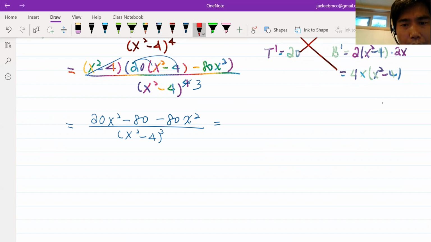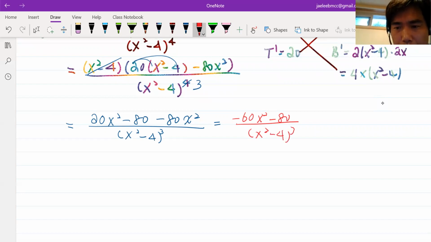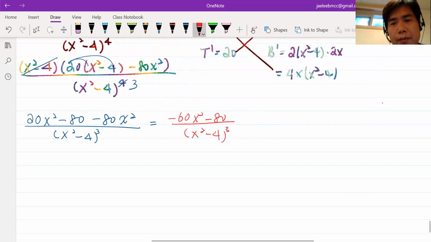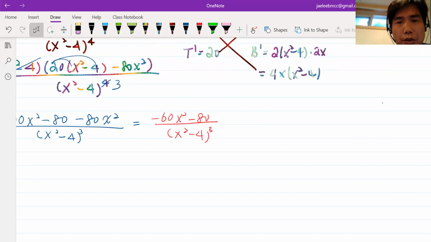So simplify, then this becomes negative 60x squared minus 80 over (x squared minus 4) to the cubic. Okay, so far now we can make the numerator equal to 0 and also the denominator equal to 0, then you can find the inflection point.